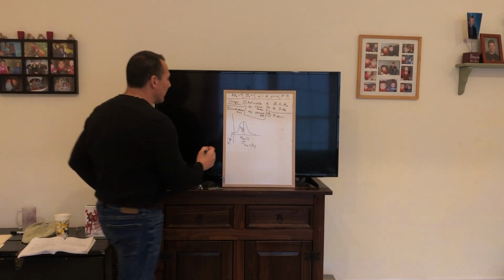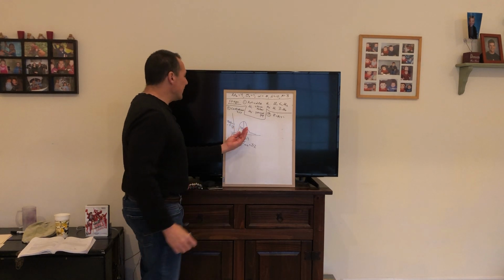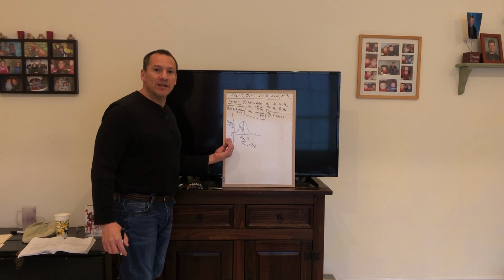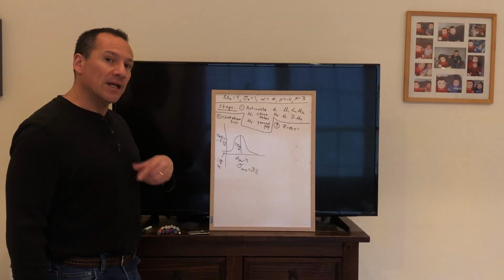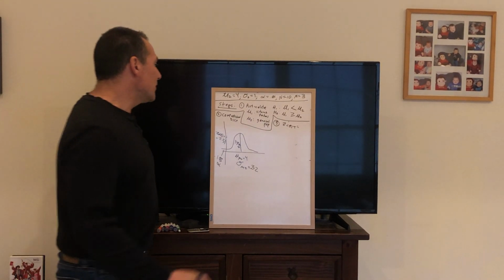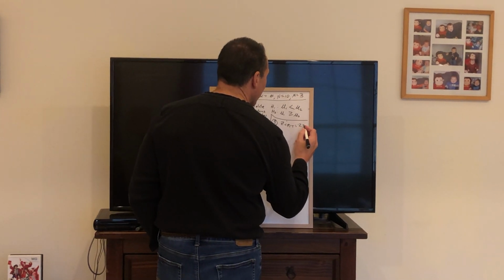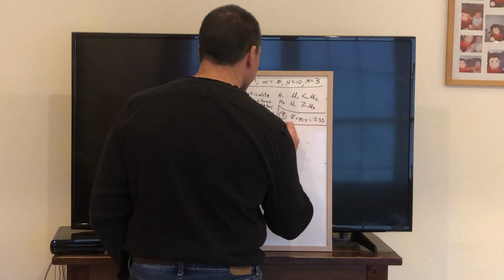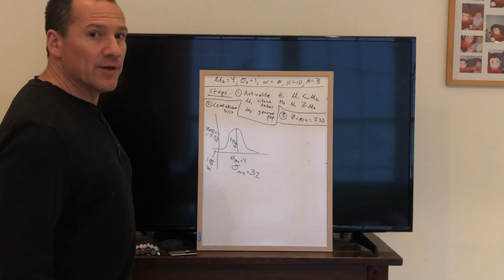So z critical equals negative 2.33. It's negative because it is to the left of the mean. Whenever you have a score that is to the left of the mean of a distribution, it has a negative z-score. So z critical equals negative 2.33. So there's your step 3.